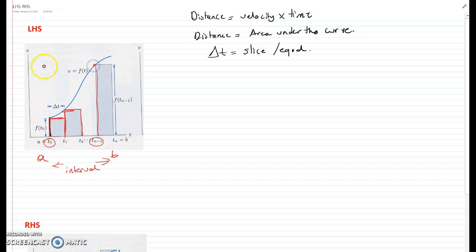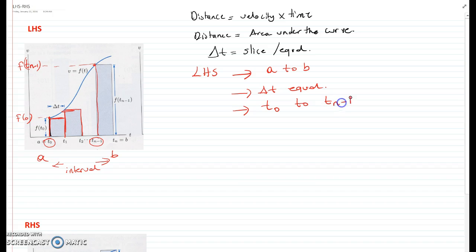That point on the graph refers to f of t n minus 1, and we are starting from f of t0. So for the left-hand sum, our interval is from a to b, the delta t's are equal, but we are starting from t0 to t n minus 1.